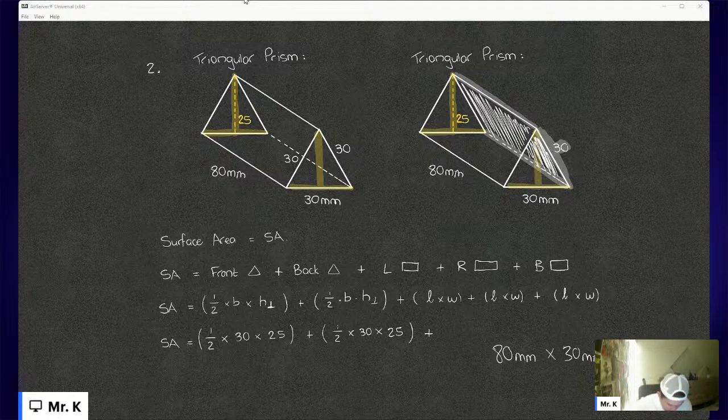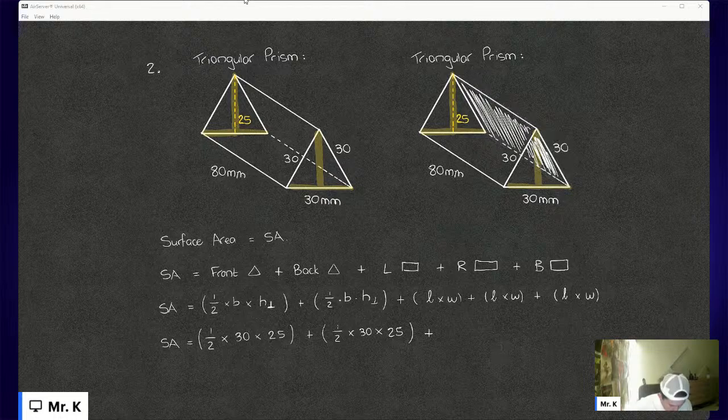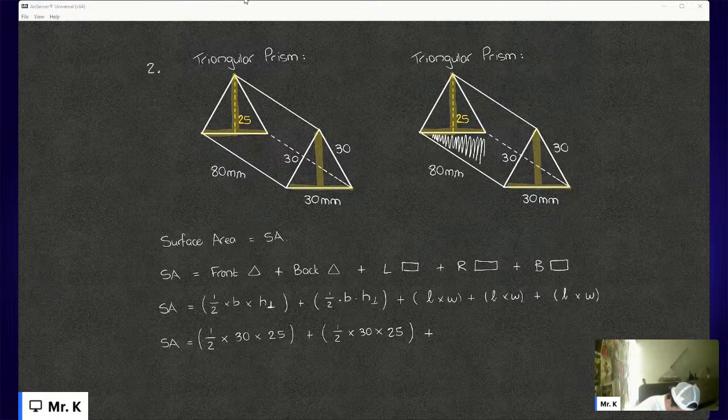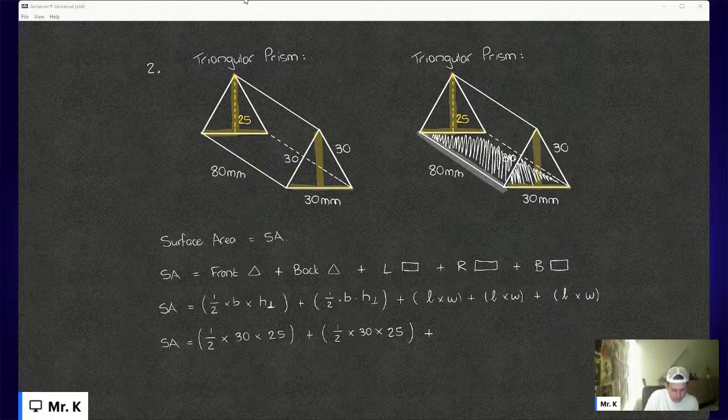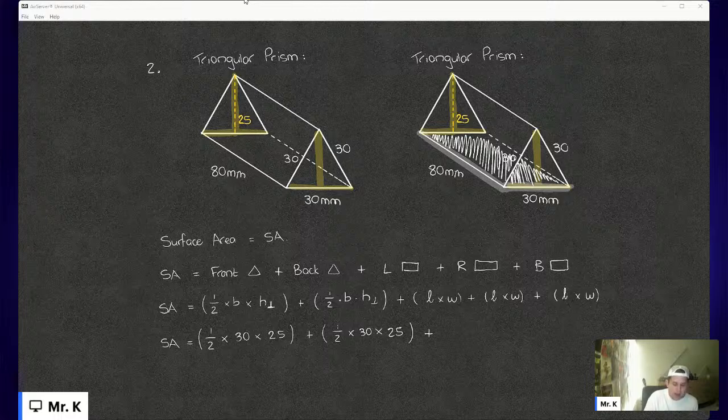And again, if I quickly remove all of this coloring in, we now think about the base rectangle, this one over here at the bottom of our shape. What size is this rectangle going to be? Well, surprise, surprise, it's 80 millimeters long by 30 millimeters wide.